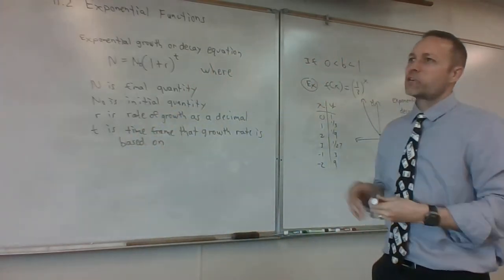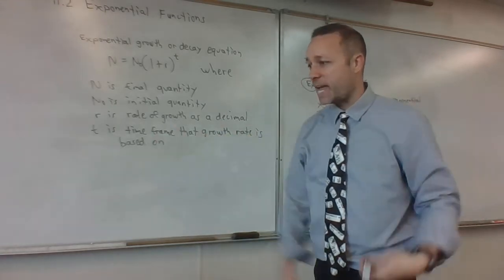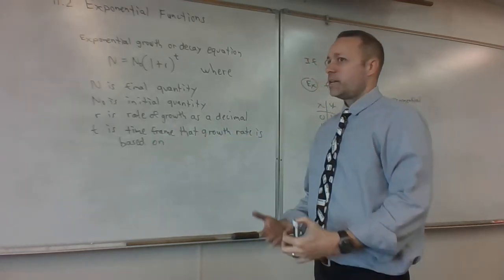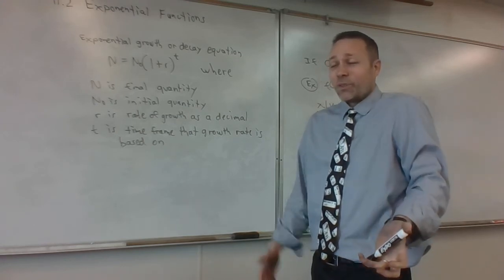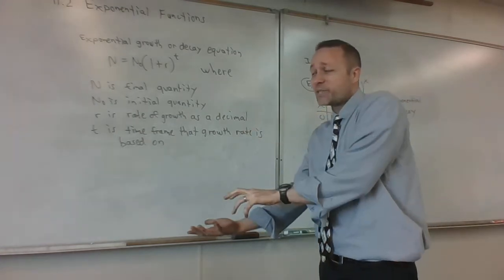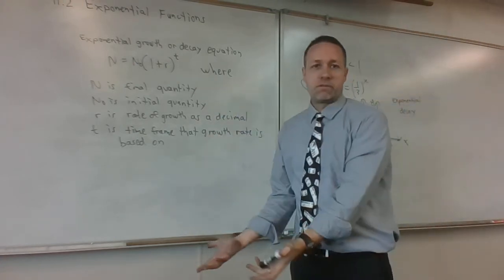In other words, if this population is growing at 20% per day, and you want to know what the population will be in 1 week, well, the rate is based on number of days. So you have to say T is 7 days.